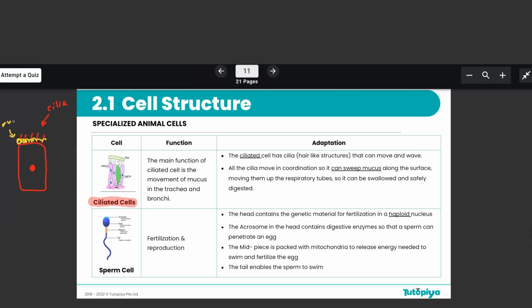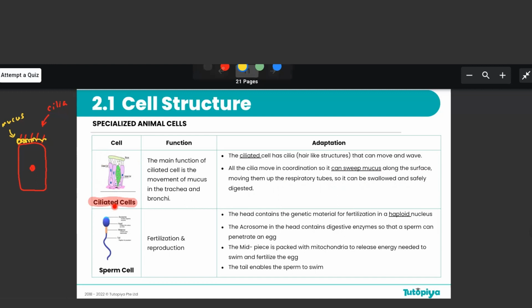And this mucus traps any unwanted particles from going into our lungs. So the cilia, they all move in coordination, and what they do is they basically sweep the mucus along the surface, moving it up the respiratory tubes so that it can be swallowed and safely digested. So that is the importance of the cilia, and that is why our respiratory tract has these ciliated cells.